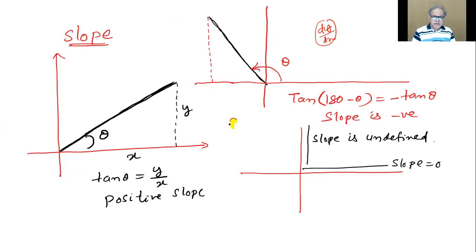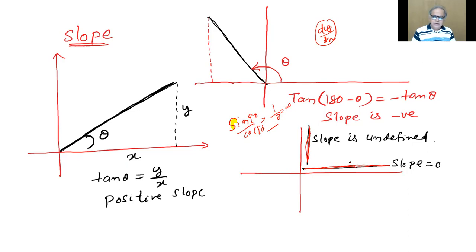We know sine 90 by cos 90 is 1 by 0, undefined. But for this sleeping line, slope is 0. For the standing line, in our school language, slope is large, undefined.